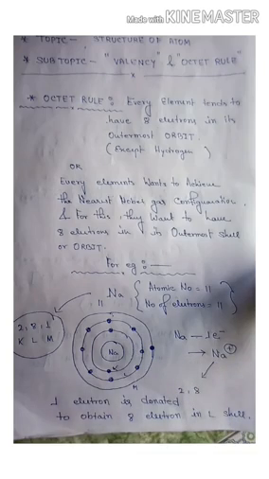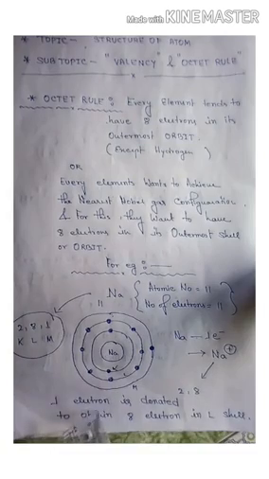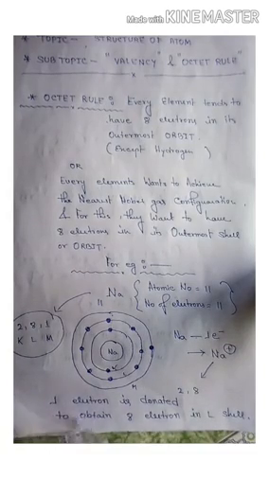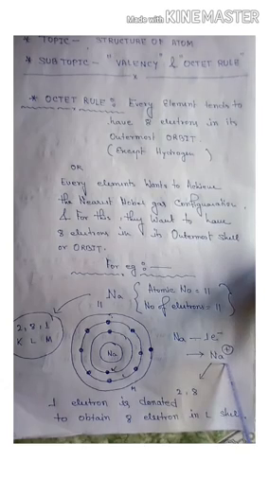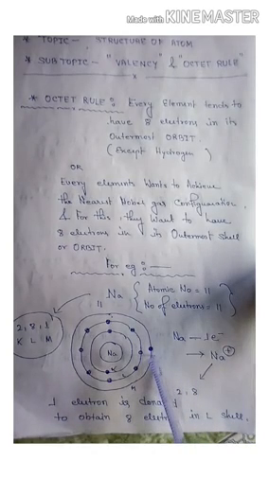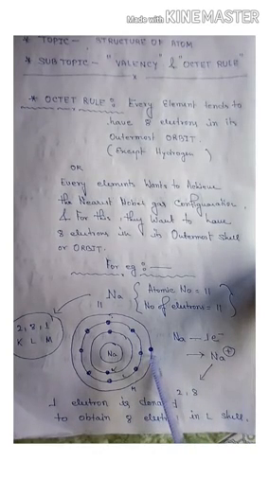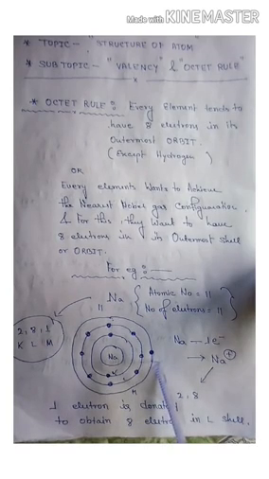Less energy is consumed in donation of 1 electron. So the sodium atom will donate 1 electron and become positively charged, Na plus, single positively charged or mono positive charge. So as the 1 electron is donated, or exchange of only 1 electron is taking place, therefore the valency of sodium is 1.